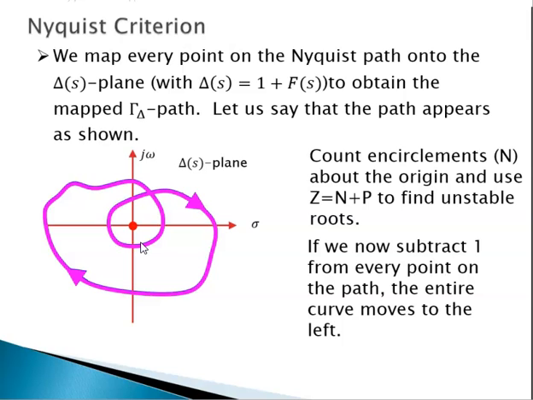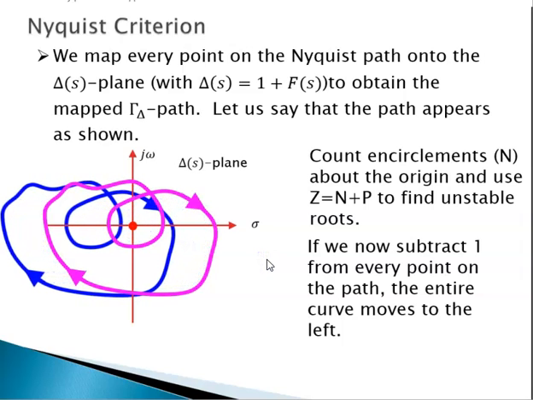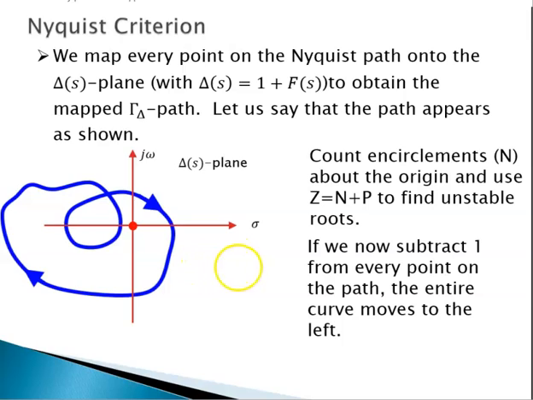Let p be the number of poles of this delta S that are encircled by the Nyquist path. Okay. Now the trick is we subtract 1 from every point here. So from here it moves 1 unit to the left. From here it moves 1 unit to the left and so on. That is, the whole graph moves 1 unit to the left. When it moves, every point related to the curve moves, and so the origin also has to move.